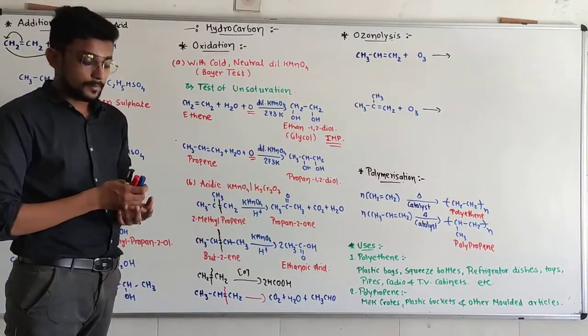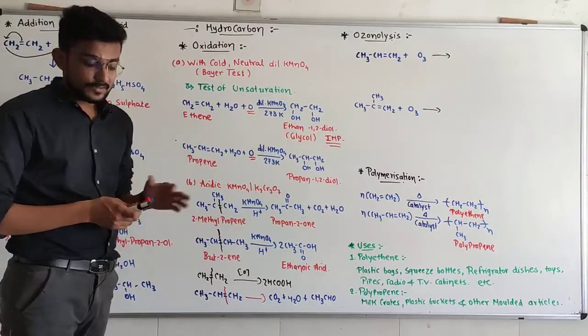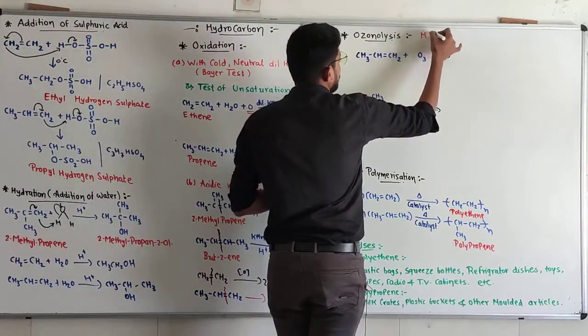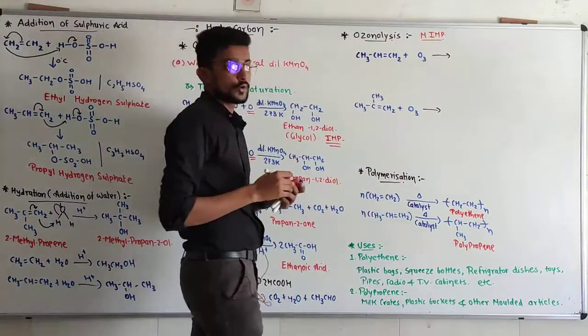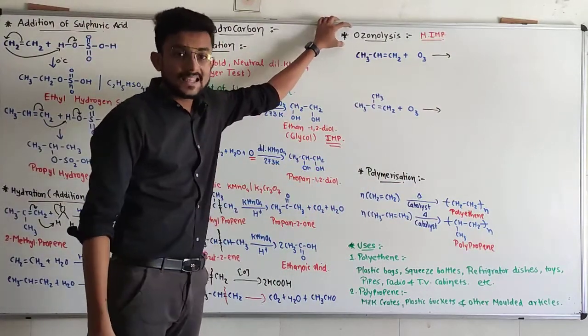Now, the most important thing in this whole chapter is ozonolysis. It is the most asked question from this chapter. Ozonolysis of alkene compounds.